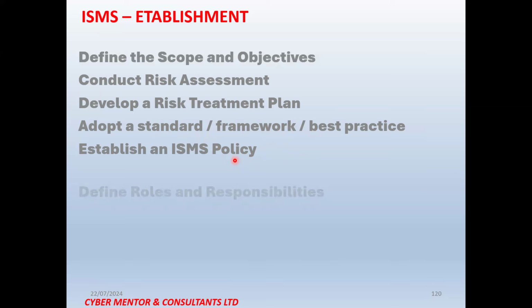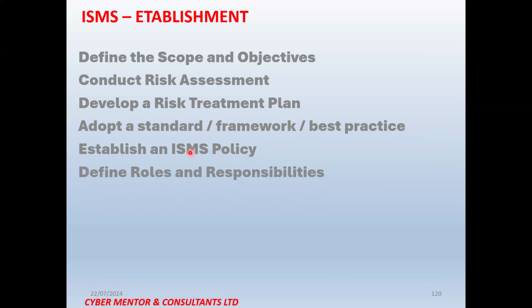And then when you have drafted your policies, you define roles and responsibilities. Most times policies will also contain roles and responsibilities of individuals. That means for this particular control we want to establish, for example the password security control, who does what?